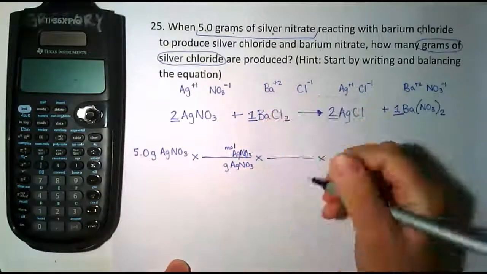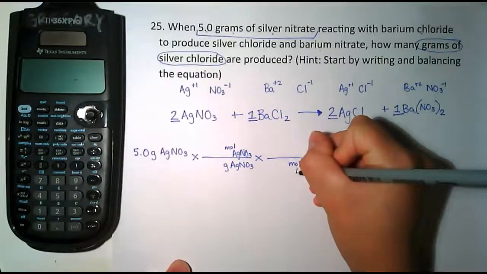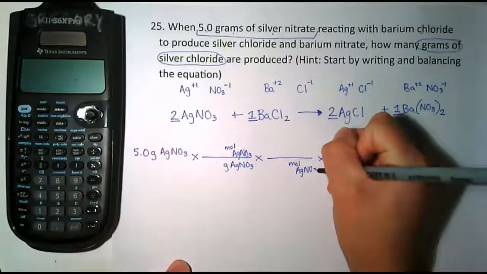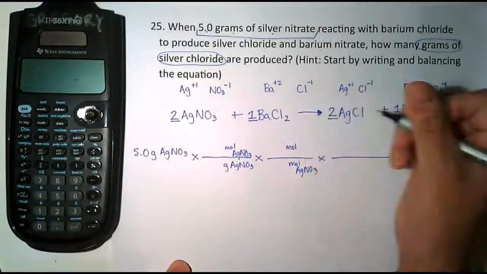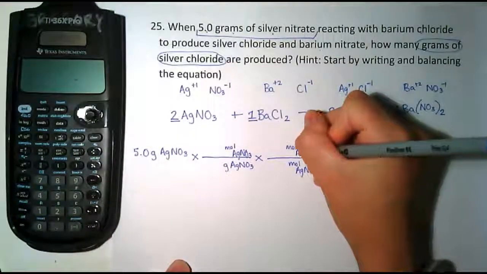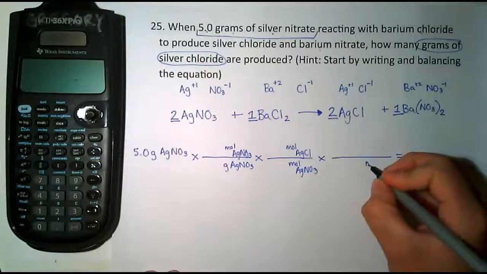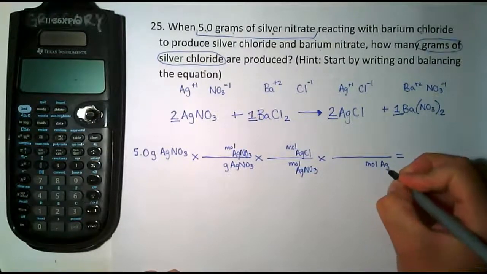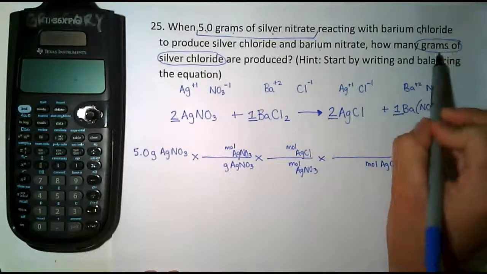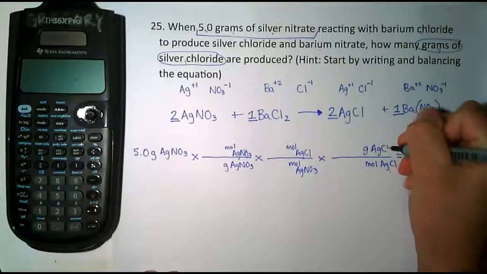Then our second conversion factor is going to be our mole to mole conversion, so moles of AgNO3, and we're going to moles of our new substance, which is silver chloride, AgCl. And then our last conversion factor will have moles of AgCl on bottom, and we're converting back to grams, grams of AgCl.